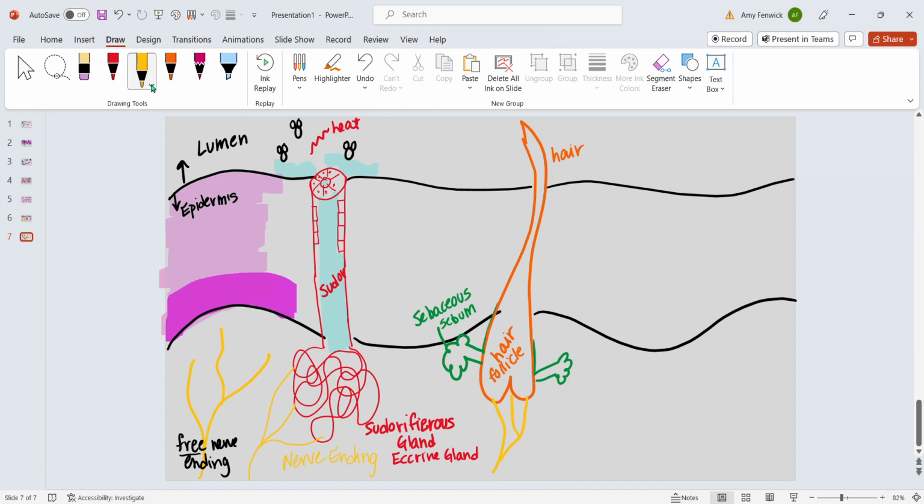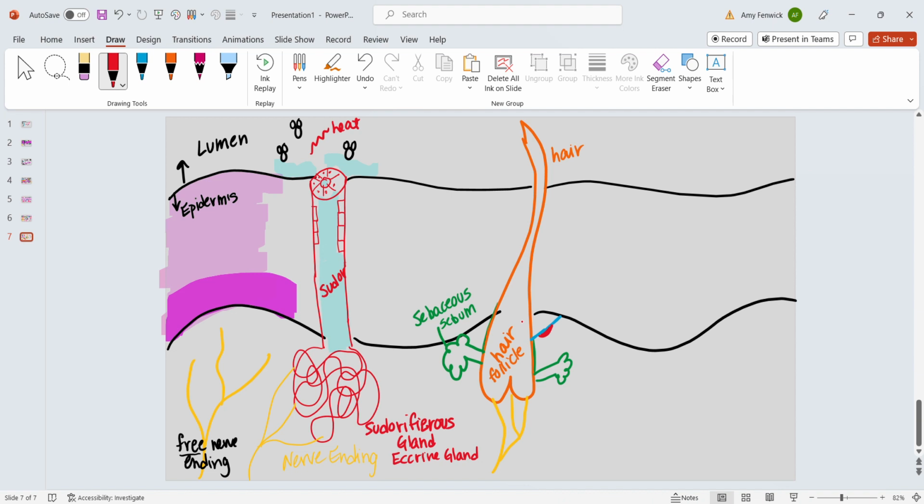Now, hairs have a different structure to them as well because they are actually connected to the epidermal ridges. And in that connection, there's a little bit of smooth muscle.